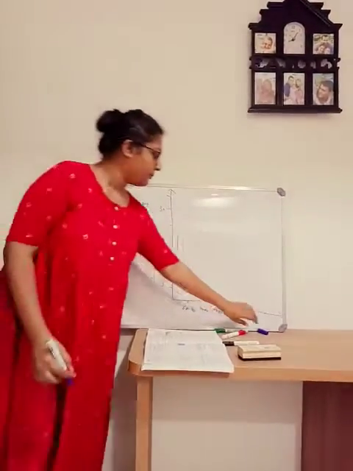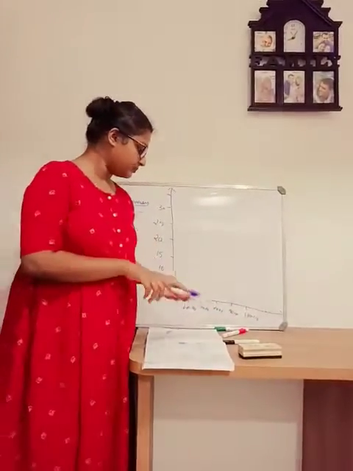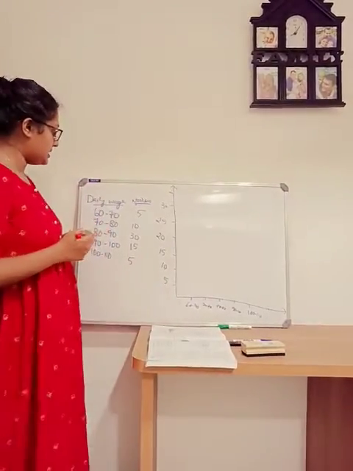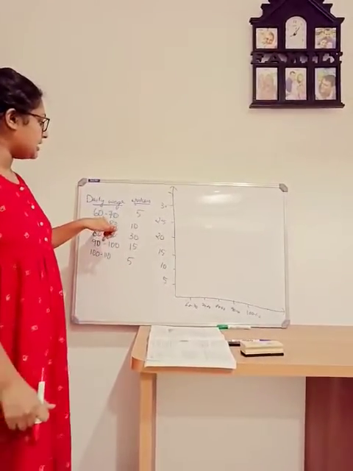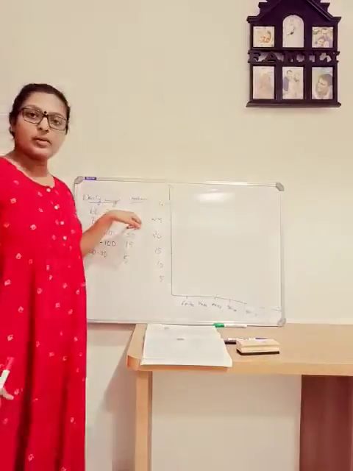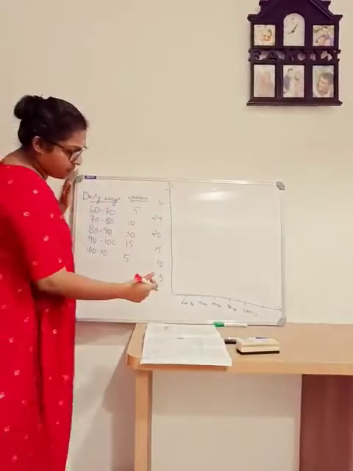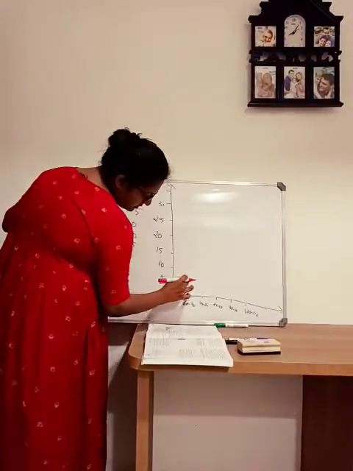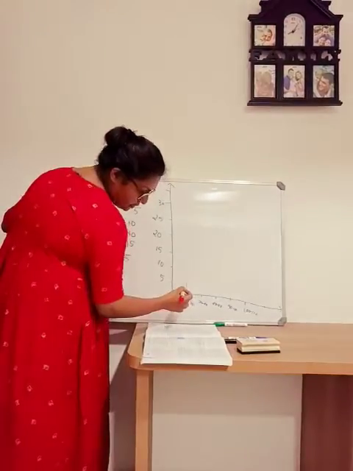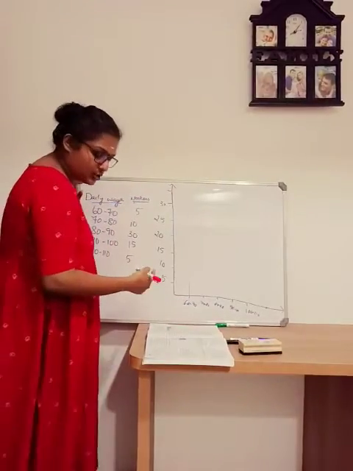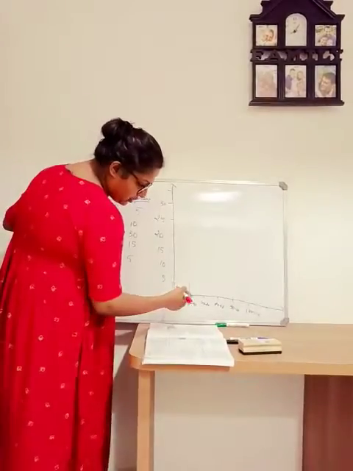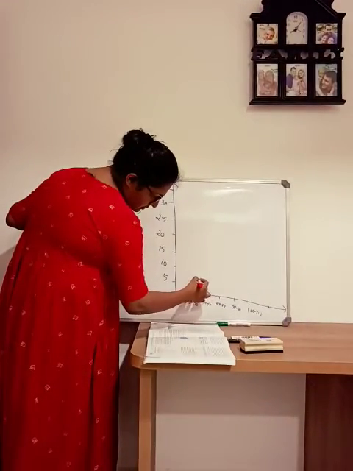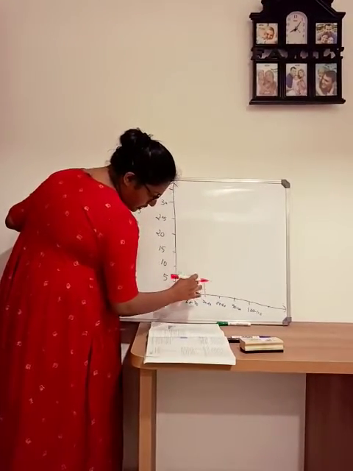Now first take the 60 to 70 class interval. The frequency is 5, so just mark 5 here. There is no gap in between, so you have to go on to the next class interval and touch it.